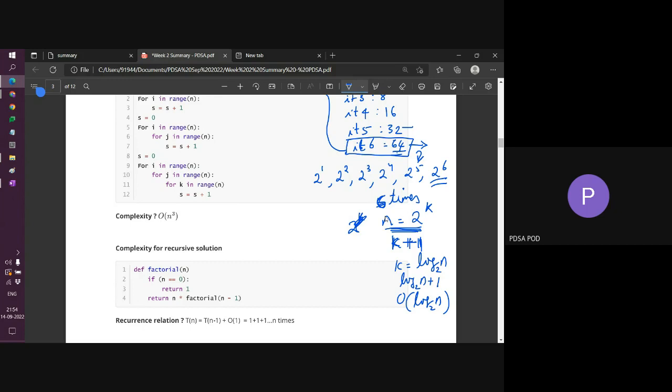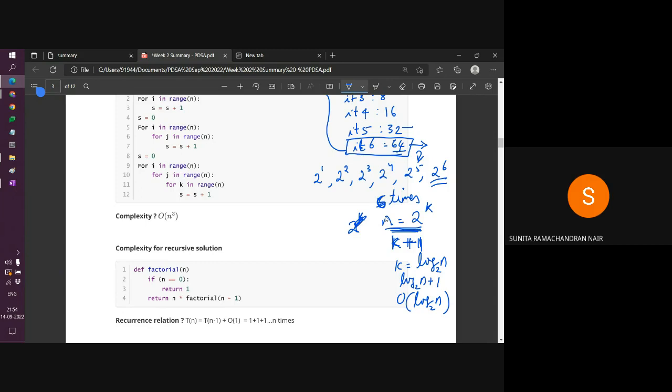Even that will be log n. So it can come in different forms. It will be log n because it keeps doubling at every step and you reach n at a much faster pace than when you are simply incrementing by an additive factor.